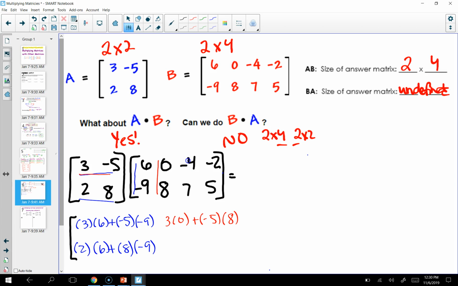When I go down to my second row, I'm still using the same column of 0 and 8. So I know 0 and 8 still have to be here. Okay. But since I'm in the second row now, what's going to go in front of it? 2 and 8 have to go in front of it now. Yes, so we're seeing the pattern, seeing how it's helping us, right, Adam? A little much today.